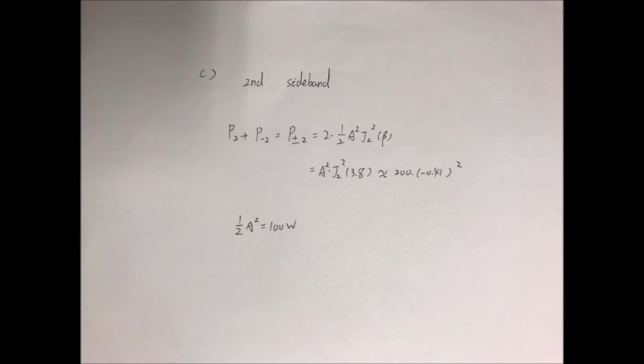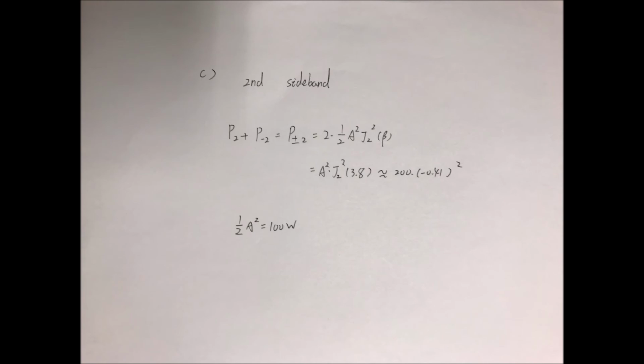The 2 cancel, so I have half A squared times J2(3.8) squared. You go to a table, find the value of it. It's around 0.4.